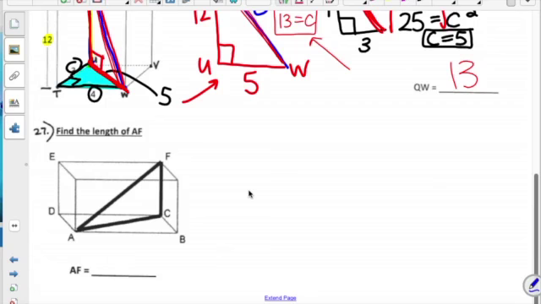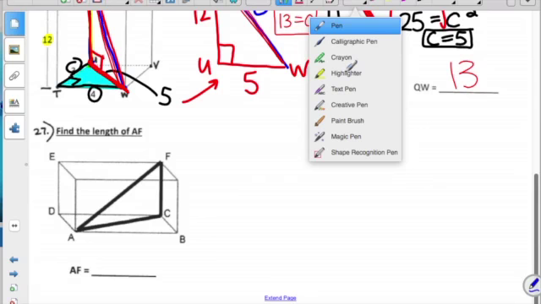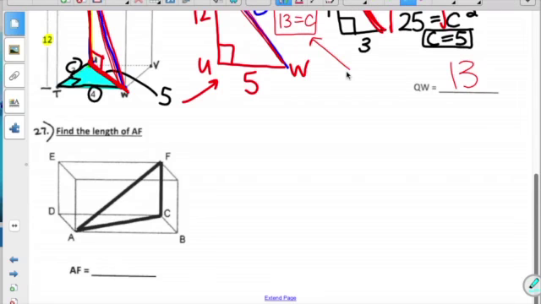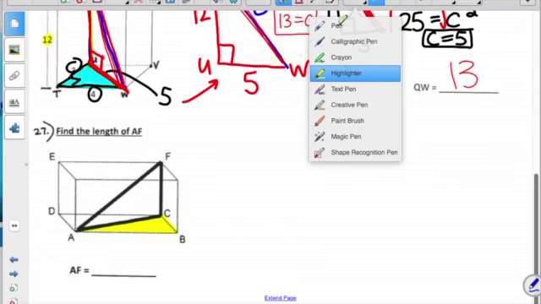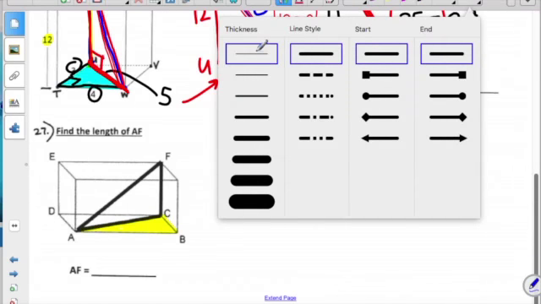If you'll notice, we do have a right triangle right here. Triangle ABC is a right triangle. And we know that because we have a right angle right here.